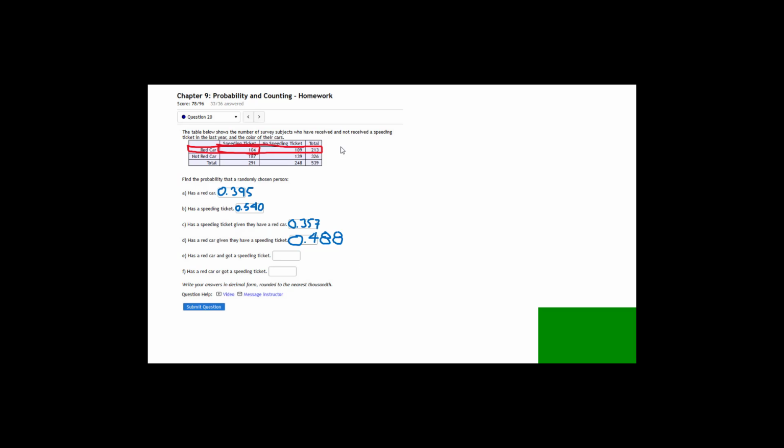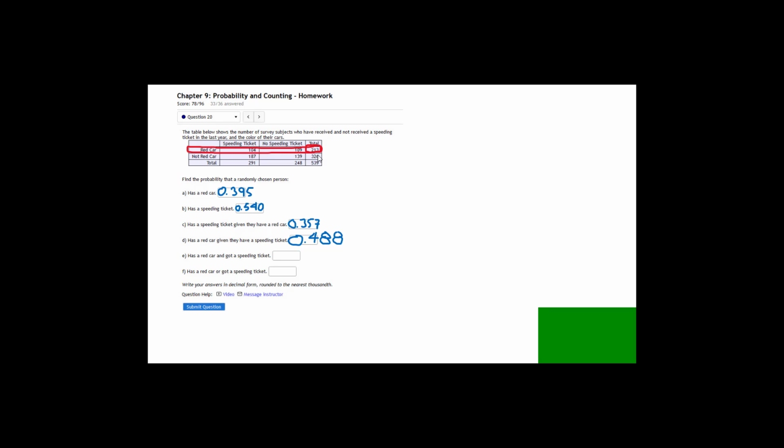The following question says, has a red car, and again we're looking at the same data, but more particularly at this number: has a red car and got a speeding ticket.